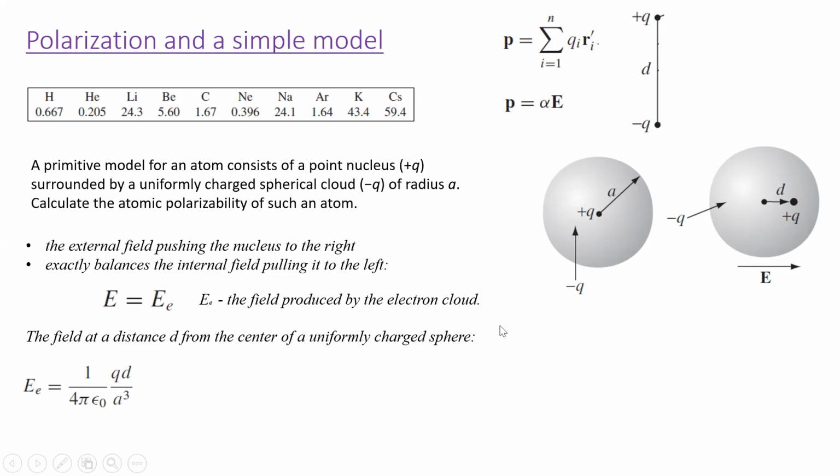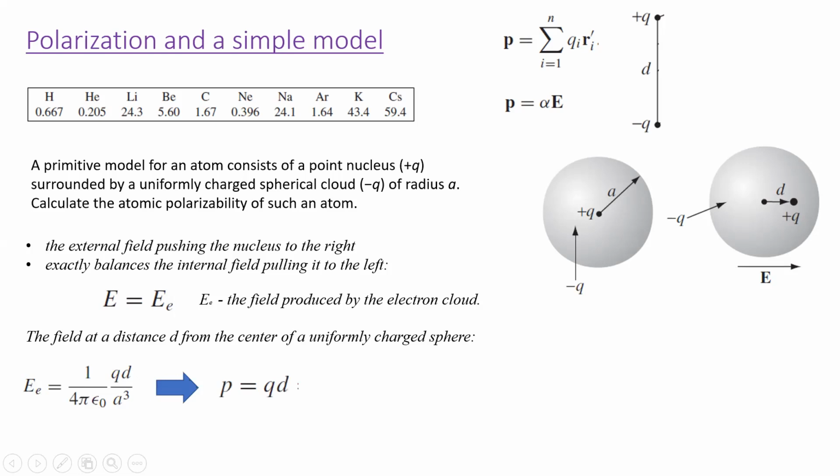So notice that if d is equal to a, so we're at the edge, this would just become q over a squared, which would be the field of a point charge, which is what a sphere of charge looks like outside of the sphere.